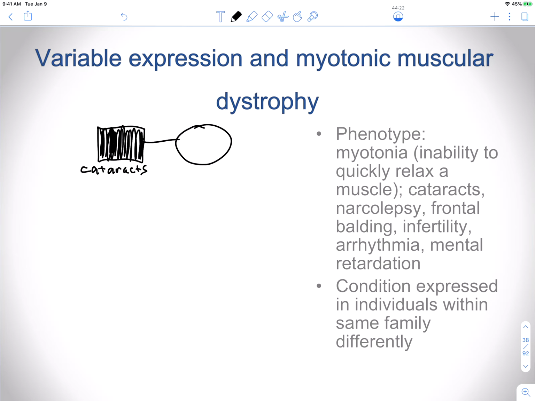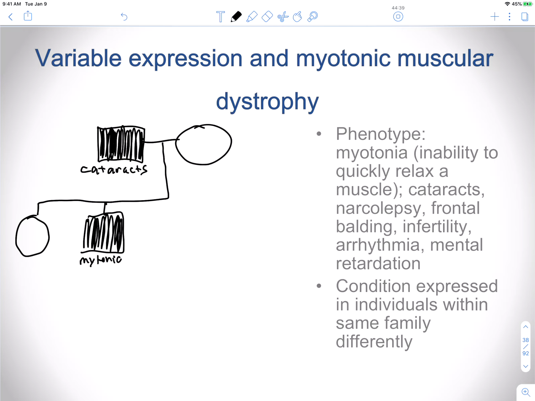Then they're going to have children, and so they'll have an unaffected daughter, and an affected son, and this affected son is going to have myotonia, cataracts, and frontal balding.